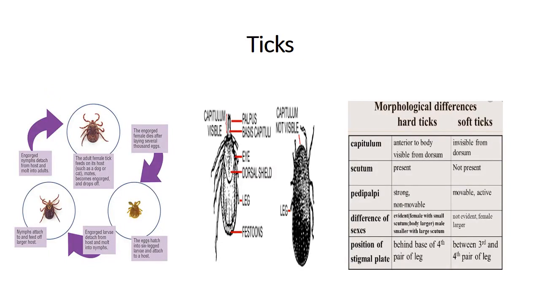We have slides of ticks. Ticks are known for transmission of tick typhus, tularemia and tick paralysis. These are also involved in many viral hemorrhagic fever transmissions also.